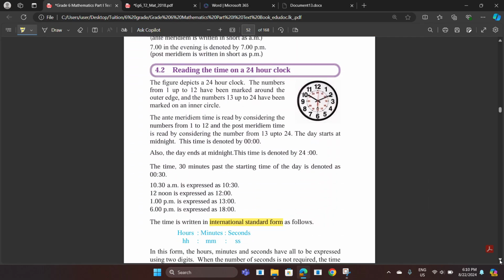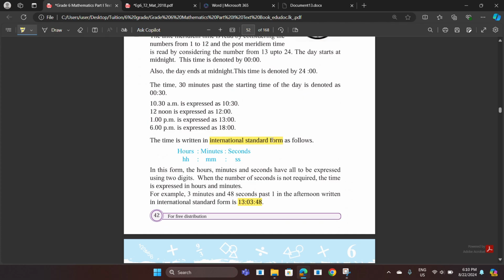What is it? International Standard Form. Okay, so there is a method to represent hours, minutes, seconds, and also dates of a year. Dates of a year. We have International Standard Form.